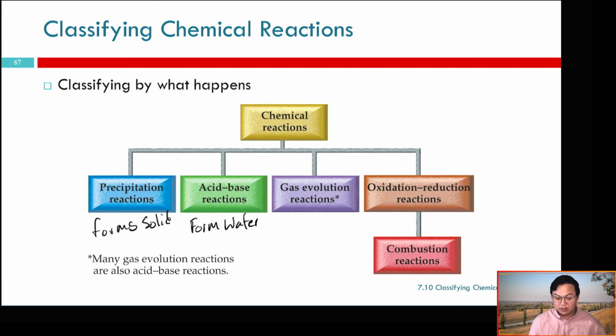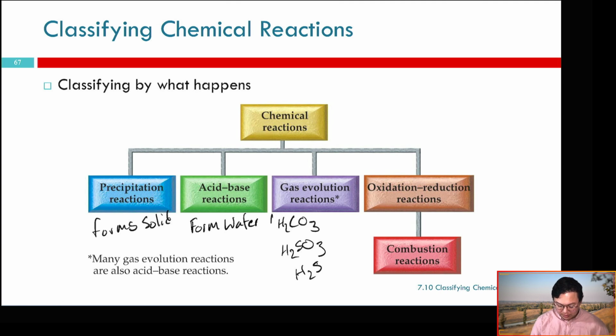Gas evolution reactions, right, a little bit less clear, but you're always going to have carbonate, or H2SO3, sulfite, sulfurous acid, or another gas you can evolve is H2S. I feel like there was one more there, but you can go back and look that up, right?